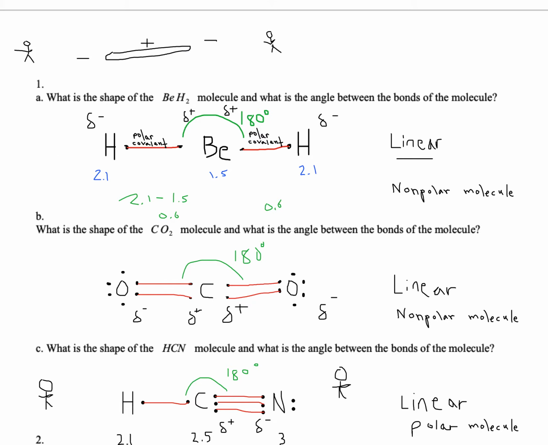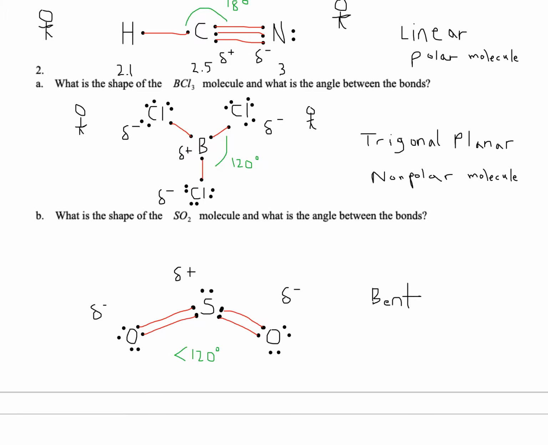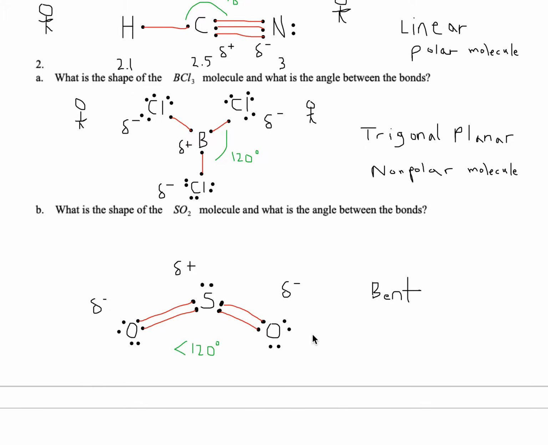So in the linear case, I said if you were on one end of the molecule versus the other, the molecule would appear the same to you. But would that really be the case for sulfur dioxide? Well, if you're standing here, then things would look a little different from a person who's standing over here.